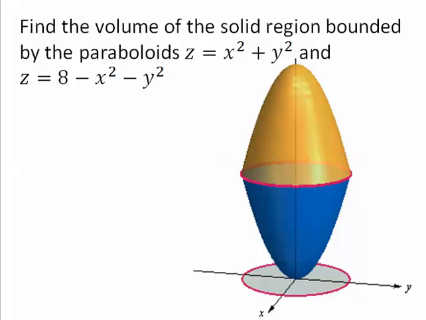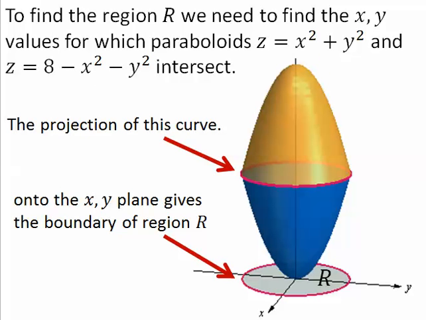Find the volume of the solid region bounded by the paraboloids. The blue paraboloid is z equals x squared plus y squared. To find the region over which we are integrating, we need to find the x and y values for which the paraboloids intersect.